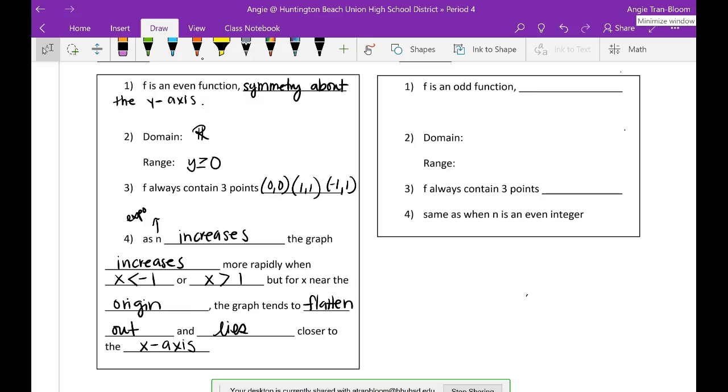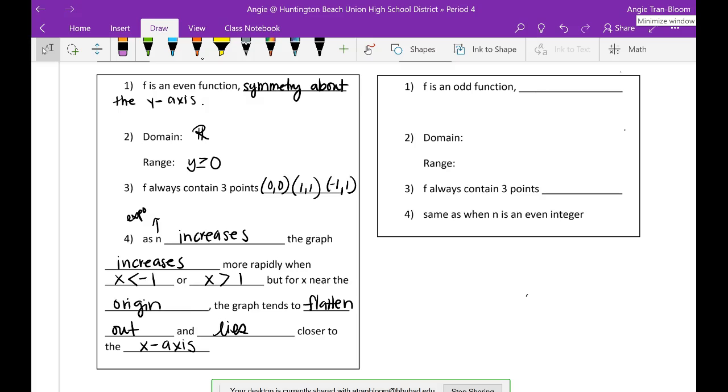Let's compare x squared and x to the 10. Which one can increase faster? x to the 10. You're right. The exponent is a lot bigger, so the bigger the exponent, the faster it goes up. Now, except near the origin, that means from -1 all the way to +1.